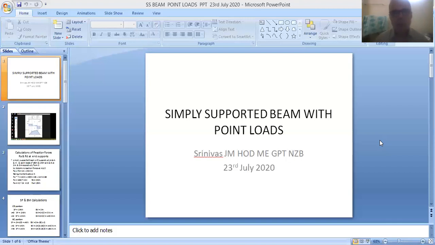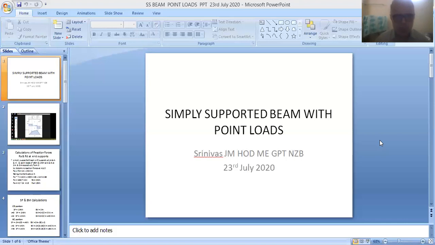Now, we are going to discuss a problem on a simply supported beam provided with point loads. So as mentioned just now, if the ends of the beam are provided with supports, it is simply called a simply supported beam.